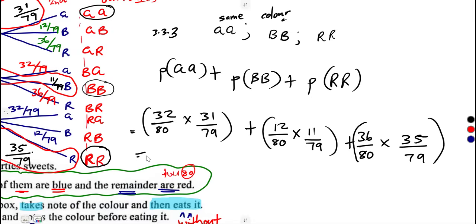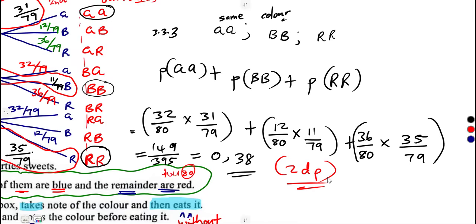So you can actually use your calculator, guys. Simplify everything. That was going to give us 149 over 395. And as a decimal, that's 0.38 to 2 decimal places.